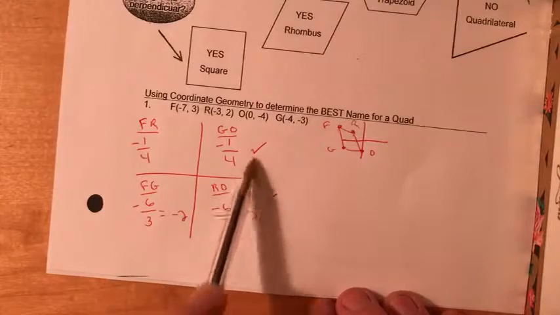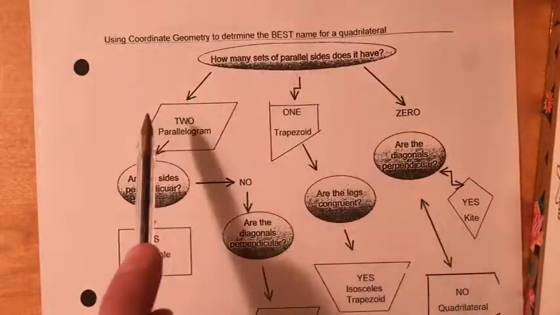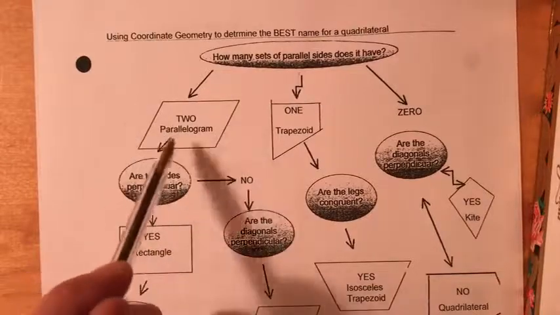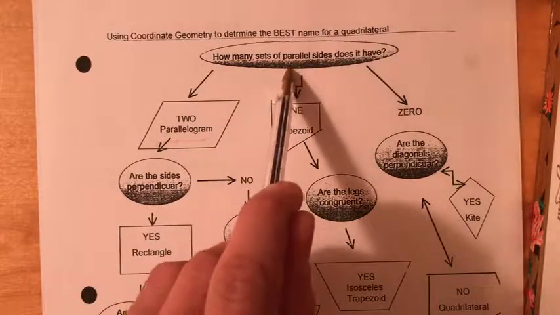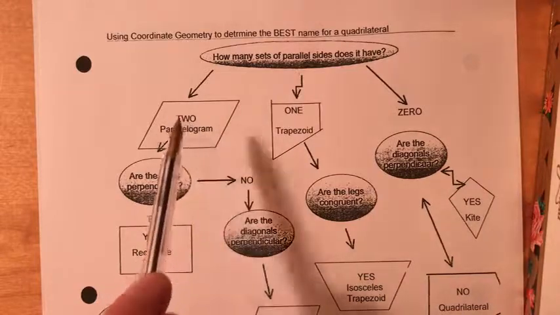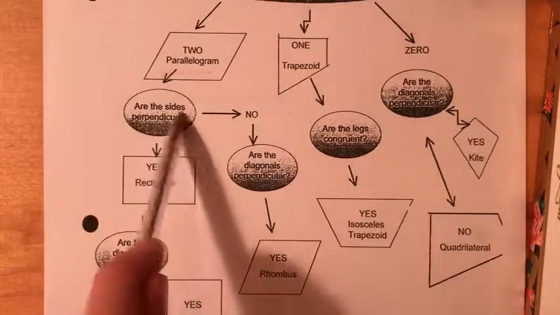At this point, I have 2 sets of opposite sides. So go up your flowchart. How many sets do I have? I have 2. So we know at a minimum, it's at least a parallelogram. So as soon as we prove we have 2 sets of opposite parallel sides, we're at parallelogram. Now we keep going. It says, are the sides perpendicular?